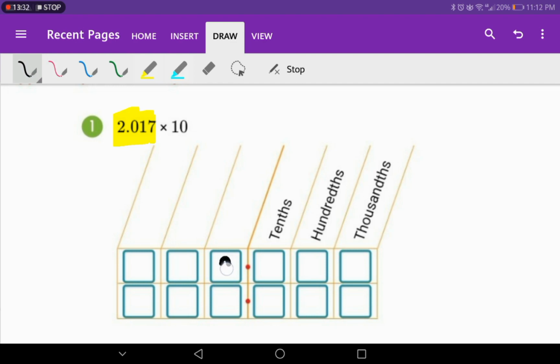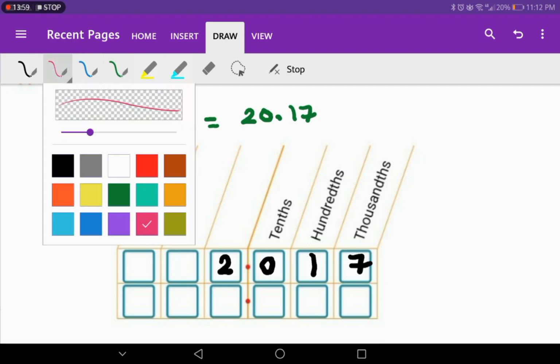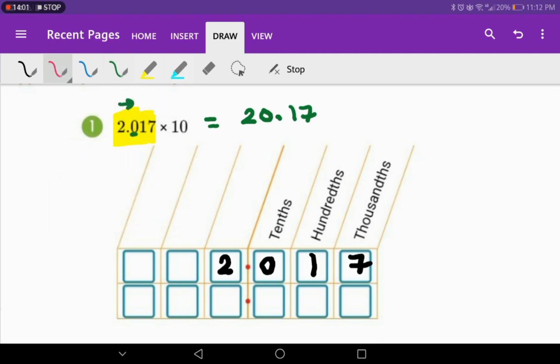It is 2 ones and 0 tenths and 107 thousandths. If I multiply it by 10, it will be bigger. I will move the decimal point 1 step to the right. It will be 20.17.